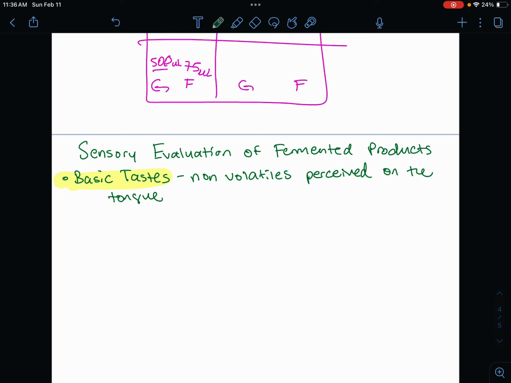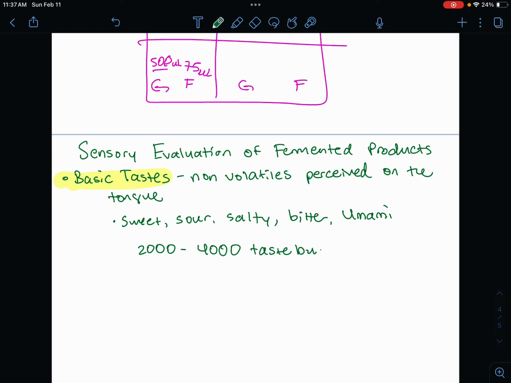They include sweet, sour, salty, bitter, and umami. There are usually 2,000 to 4,000 taste buds, and these regenerate every 10 to 14 days.